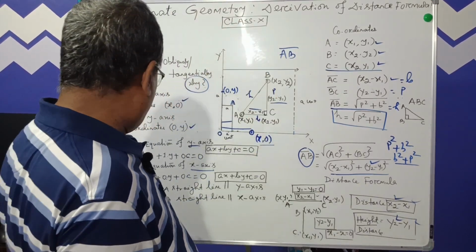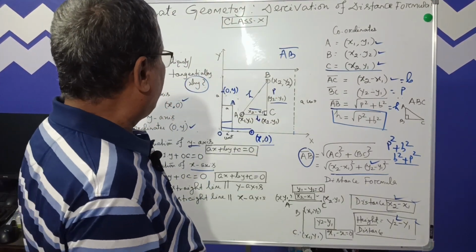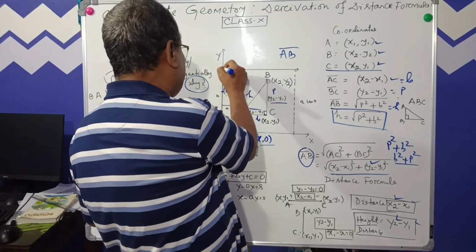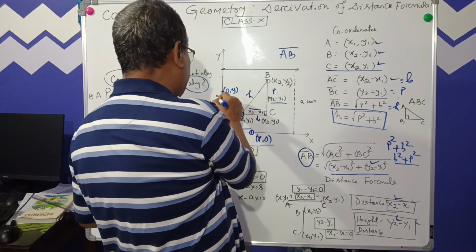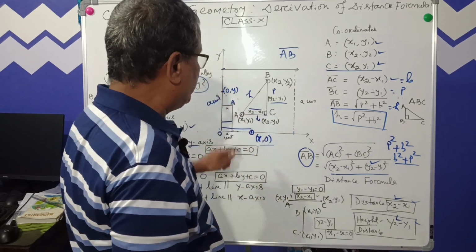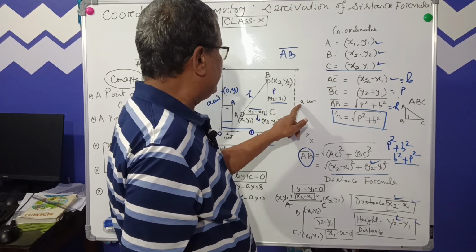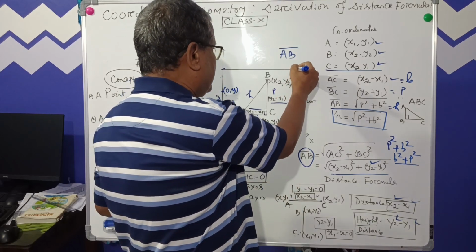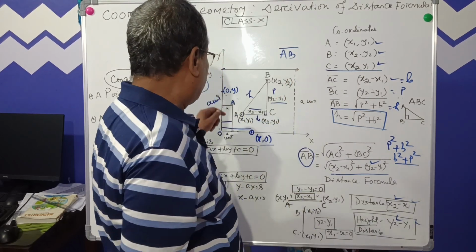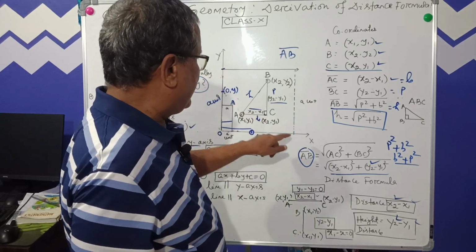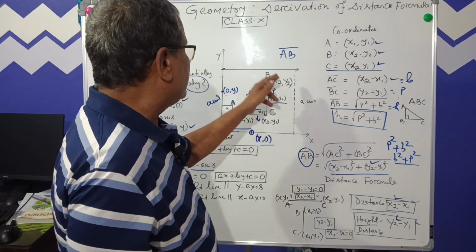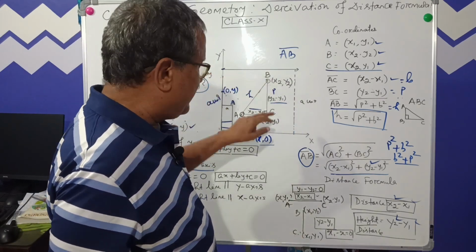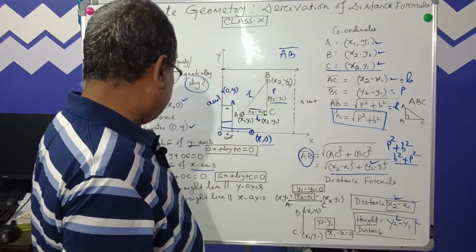And if y is a units, you see the distance from this point to this point is a units. Now this perpendicular distance from the origin to that point and from the x-axis to that point are equal, that is a units. So this line will be parallel to the x-axis.